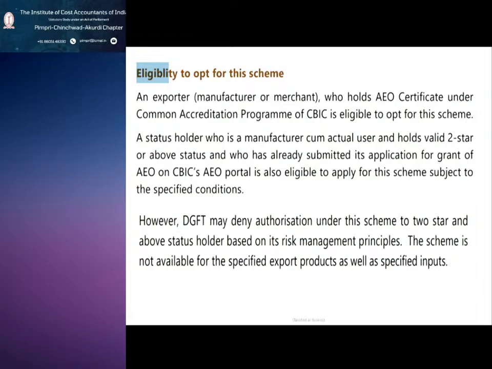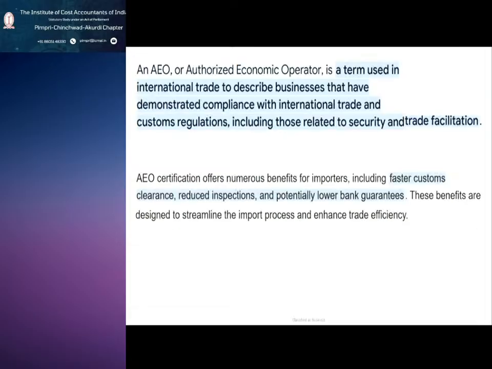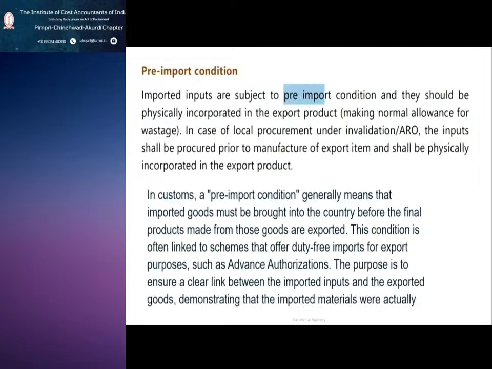So for certain products or inputs, though we apply for the license, we will still not be permitted, or will not be granted this advance authorization license.